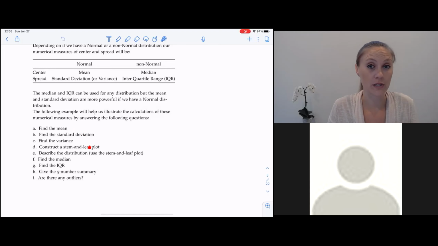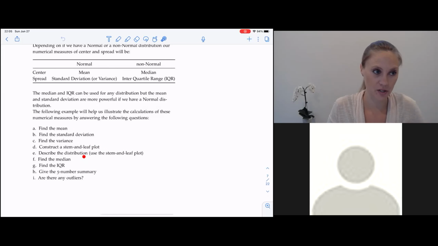We are not going to construct a stem and leaf plot because I don't like them. It's in the notes in case you wanted to refer to it. A stem and leaf plot is basically a poor man's histogram, but computing is so cheap now that we don't need stem and leaf plots anymore.